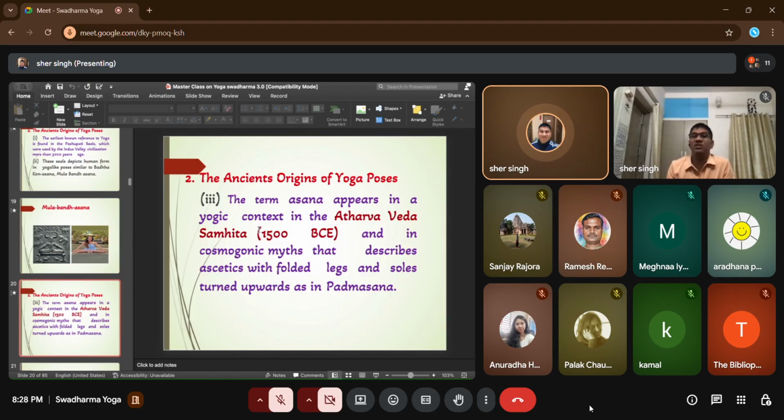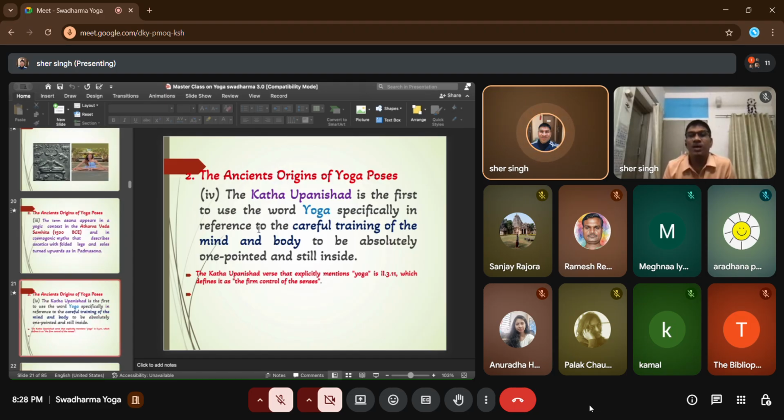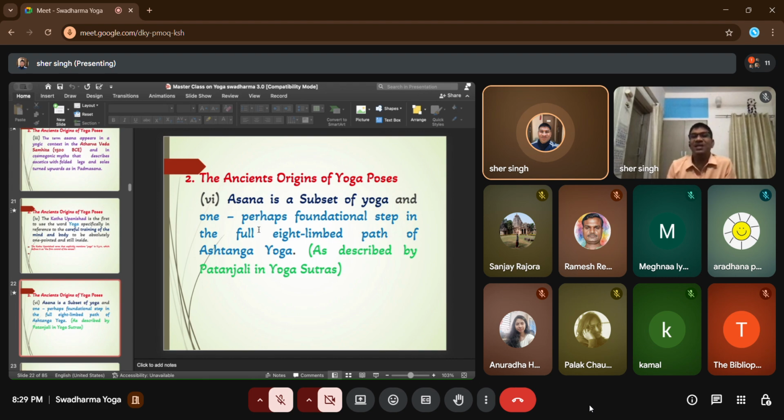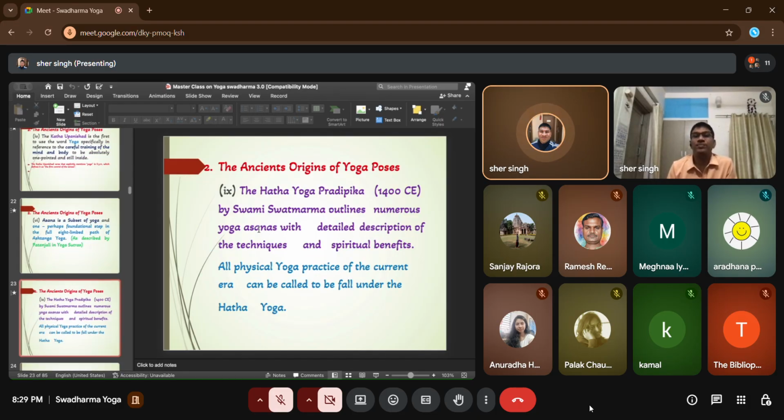So this is the first time the term appeared, in the Atharva Veda Samhita. Then the Katha Upanishad is the first to use the word yoga, specifically in reference to the careful training of the body and the mind to be absolutely one-pointed and still. With the Katha Upanishad, basically, asana is a subset of yoga and perhaps the foundational step in the full eight-limbed path of Ashtanga yoga that Patanjali described.